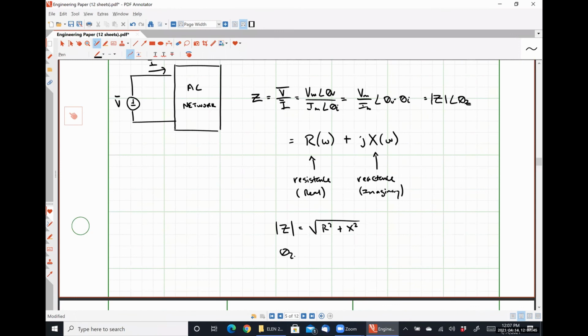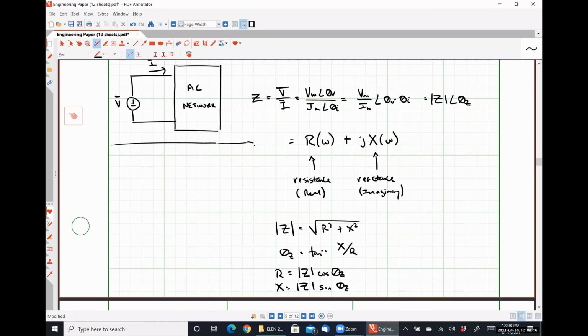Our phase angle, theta Z, is equal to the arctangent of X divided by R. The real part, R, is simply the magnitude of Z cosine theta Z, and X is then simply magnitude Z sine theta Z.